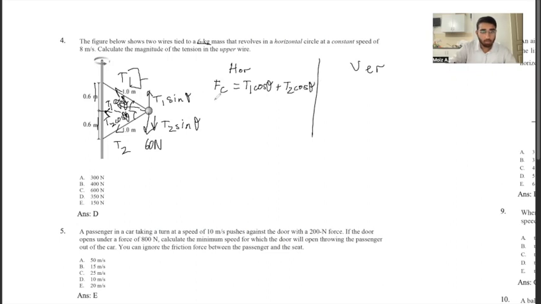And the vertical: there is only one force going upwards, and it's T1 sine theta. So T1 sine theta equals the 60 Newton weight going down, and also the vertical component of T2. So it's going to be 60 plus T2 sine theta.